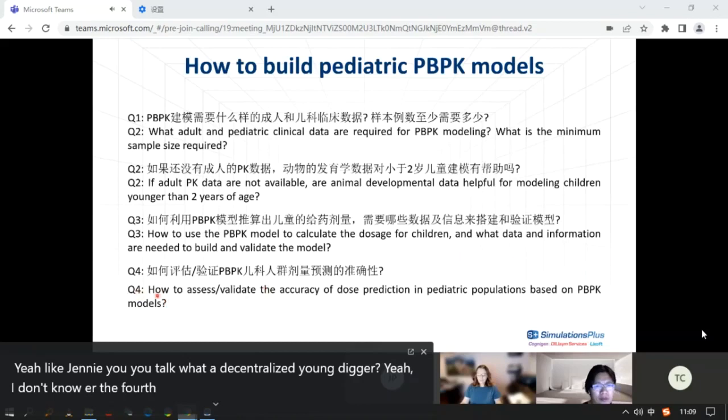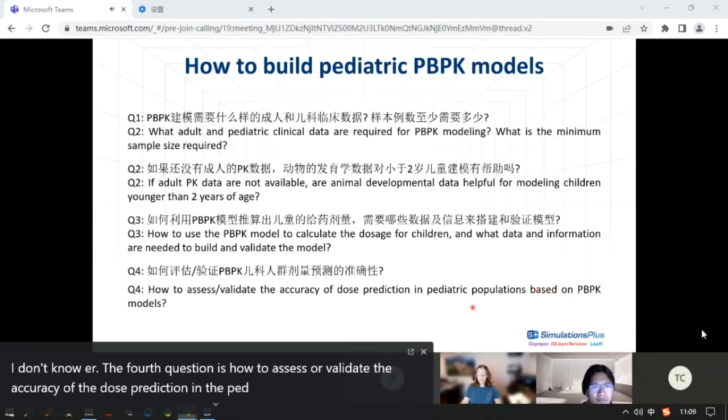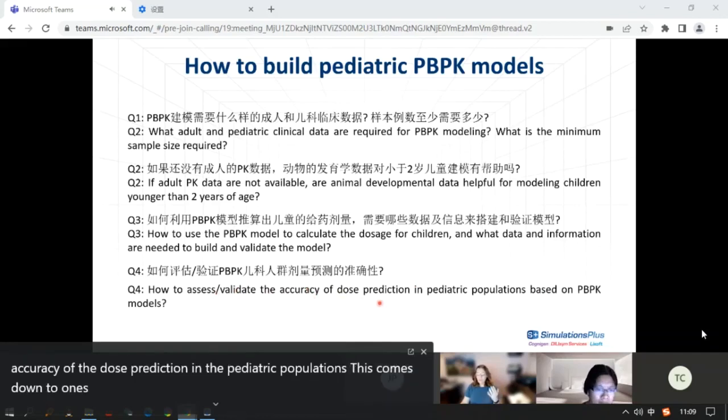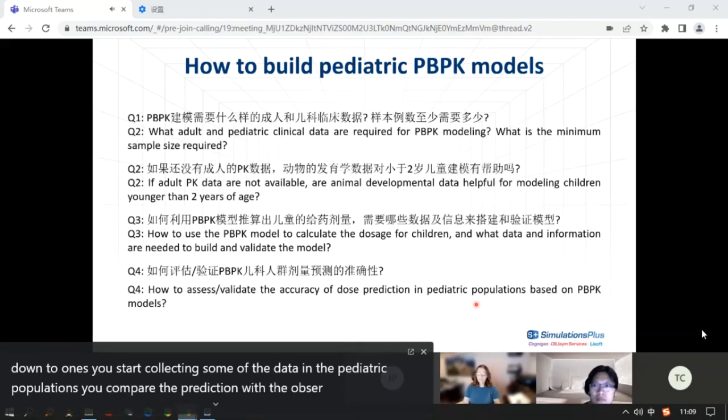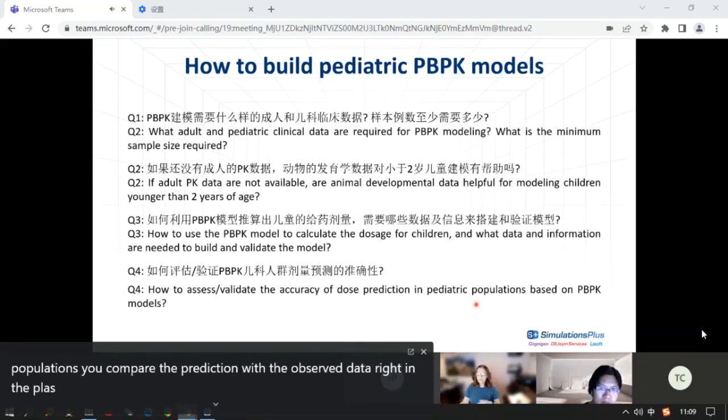The fourth question is how to assess or validate the accuracy of the dose prediction in the pediatric populations. This comes down to once you start collecting some of the data in the pediatric populations, you compare the prediction with the observed data, right, with the plasma profiles.